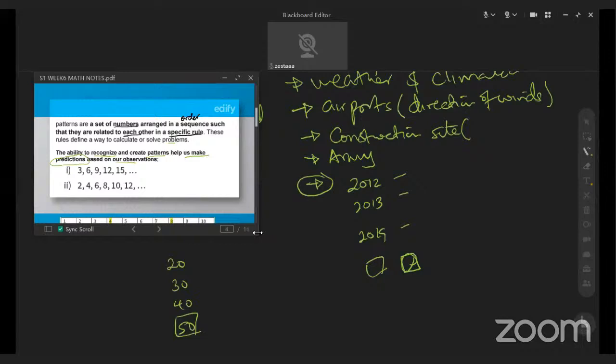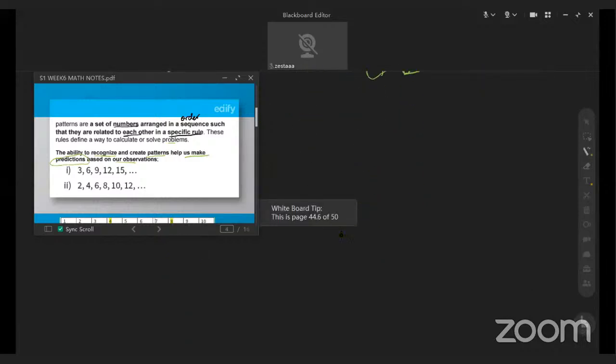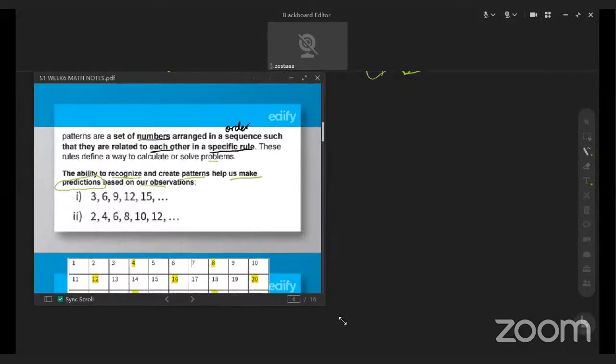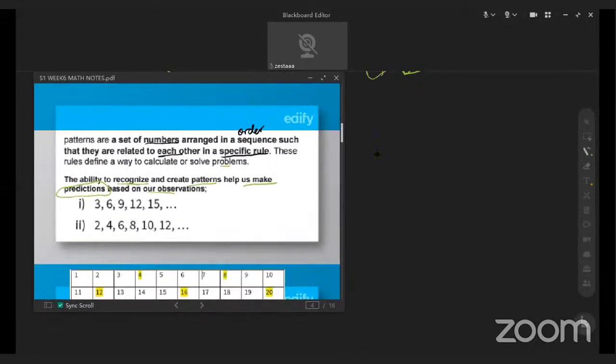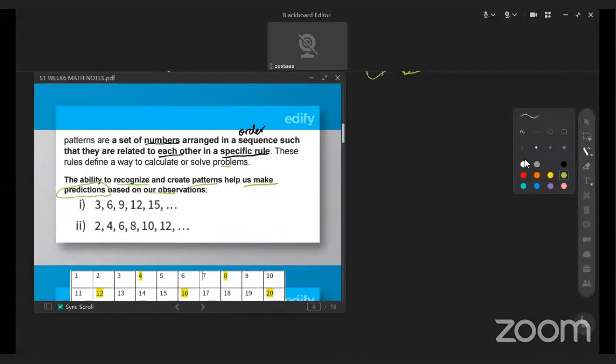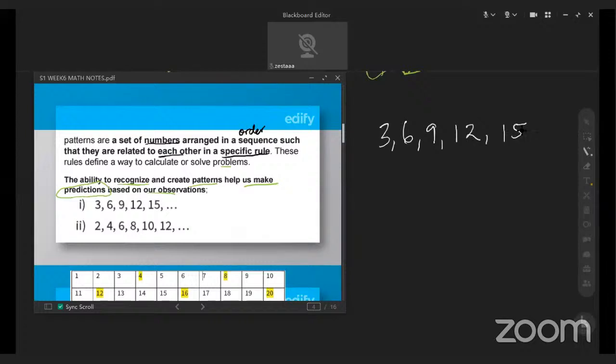So that is why we are looking at this. The ones I've told you are live examples that you can see, but there are many more that we shall be able to learn from. Take an example. Look at these numbers that we have: 3, 6, 9, 12, and 15.